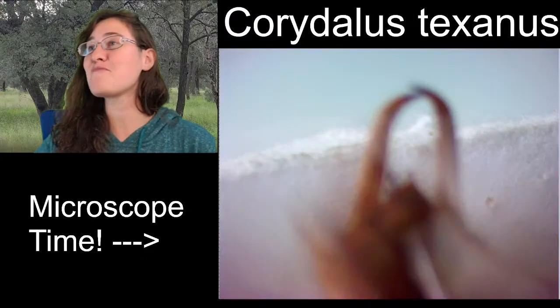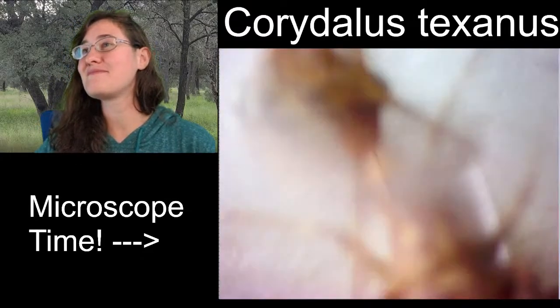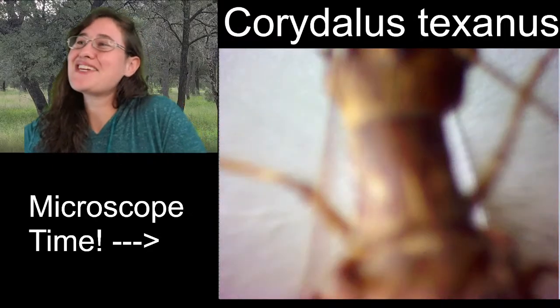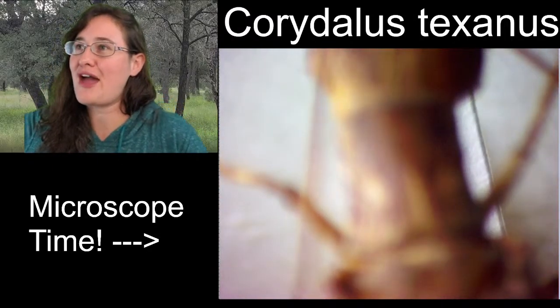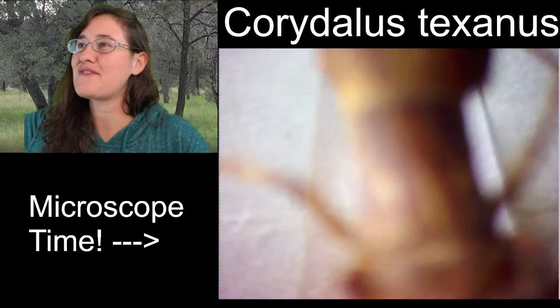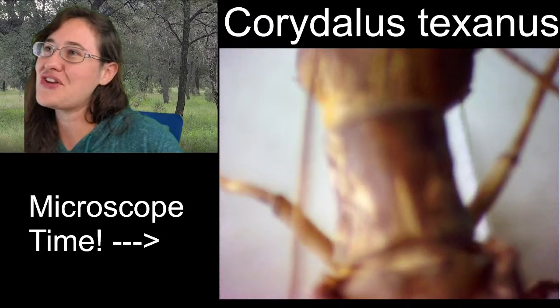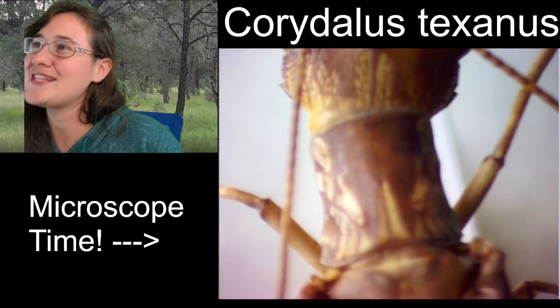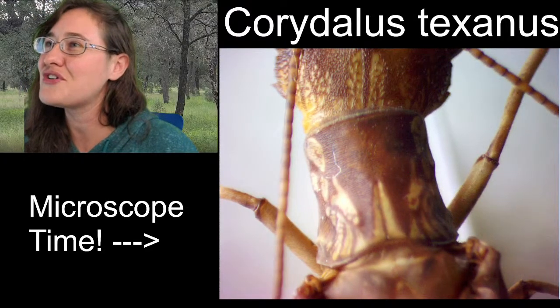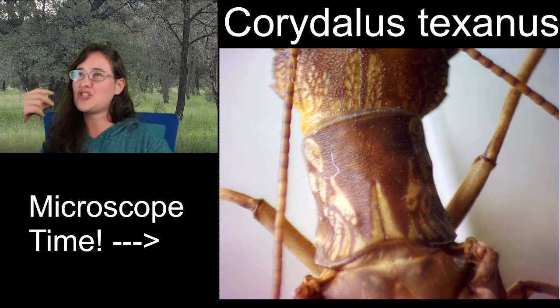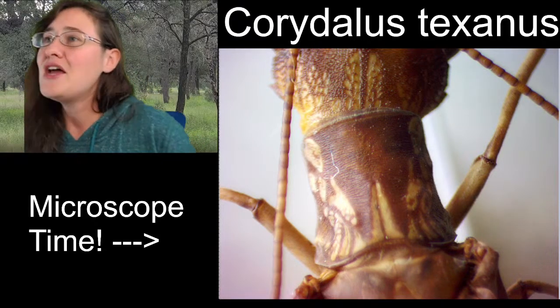Let's look at our pronotum. I love that I can use the word pronotum with you guys, and most everyone knows what I mean by that body part. I generally don't feel like I have to explain it. It's the first segment of the thorax. Now, I loved the texturing on the head.